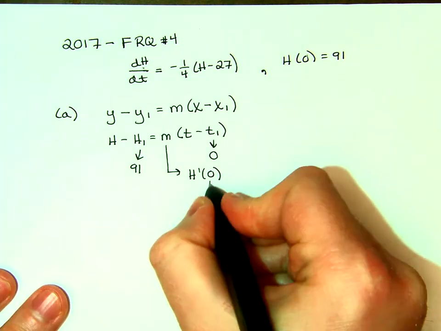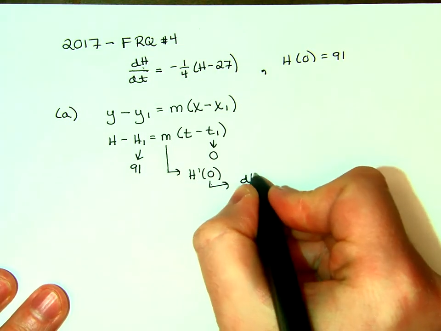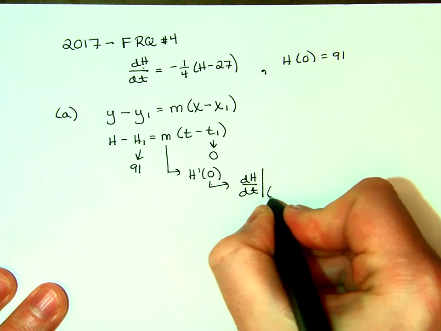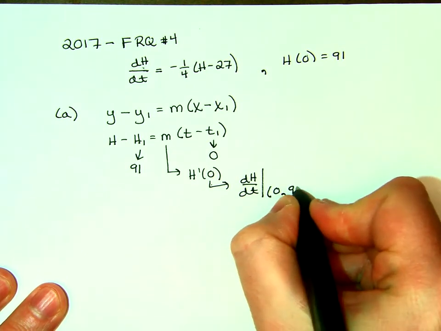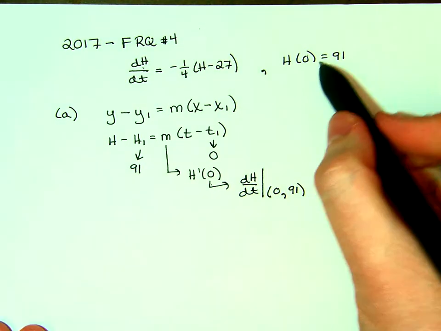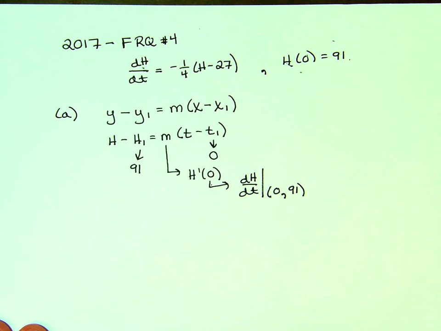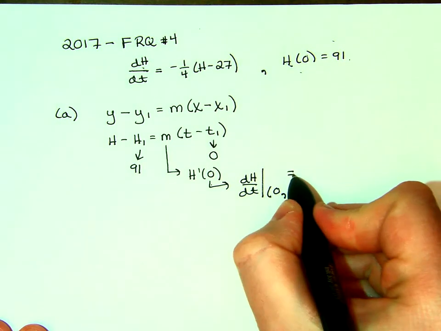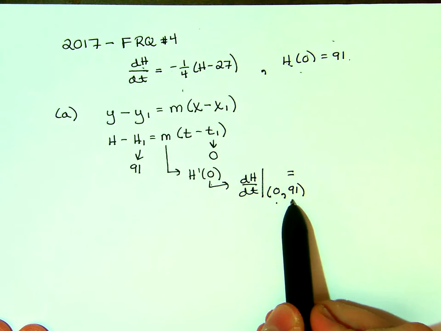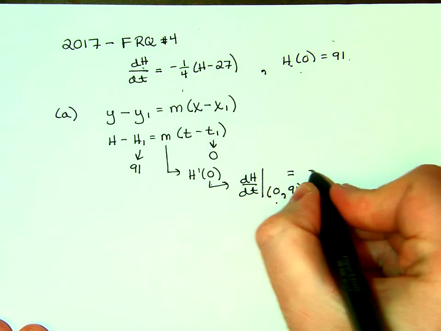Rather than saying h prime of 0, why don't I talk about finding dh/dt at the point (0, 91), when t is 0 and when h is 91, which I got from that initial condition. Well, this one I can handle. There is no place for me to plug in the 0 because there was no t, but there is a place for me to plug in the 91, the h.